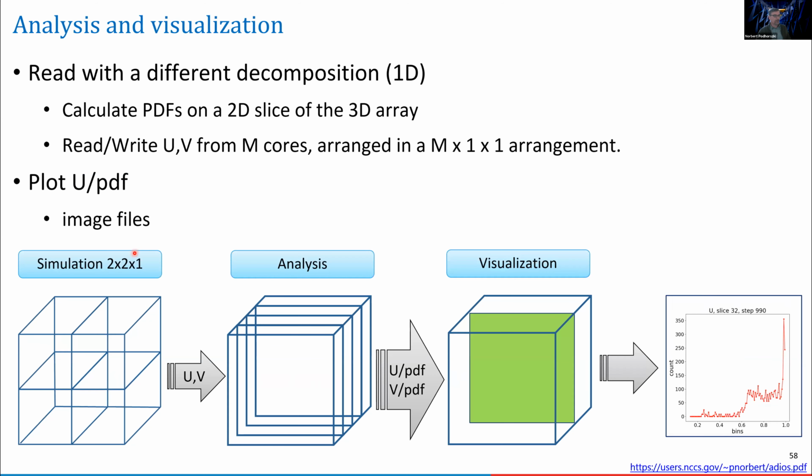Anyway, we write data in a certain decomposition. Then we run analysis, reading data with a different decomposition. And then we run visualization, which only visualizes one 2D slice in one process. But if we run in multiple processes, then we get different slices. We use this pipeline to showcase how it works with ADIOS BP files, HDF5 files, and using SST to do staging.